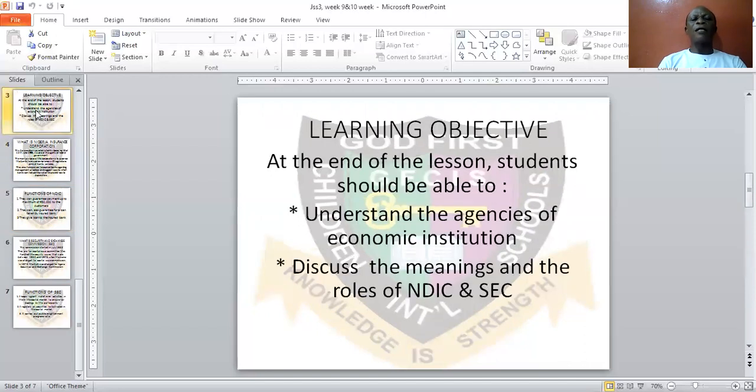They are part of the agencies of economic institutions. If I ask you to mention one or two economic institutions, don't forget to mention the NDIC with their functions.